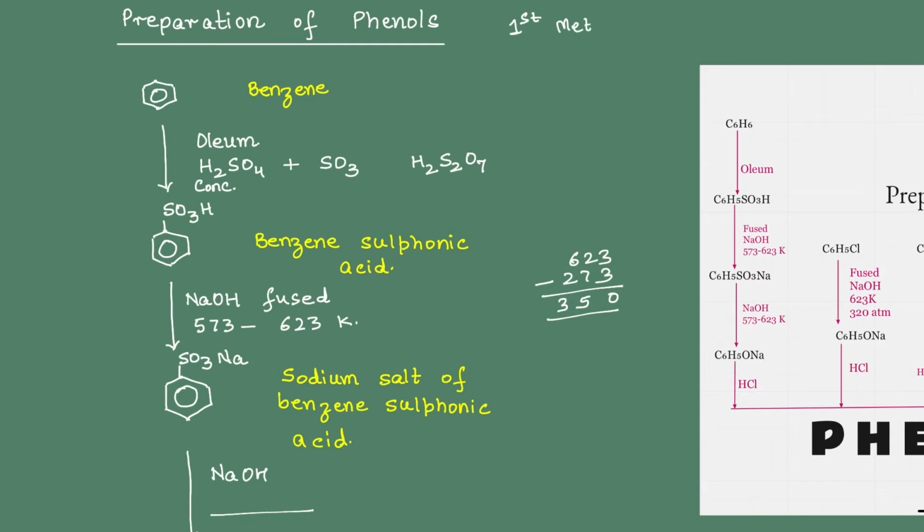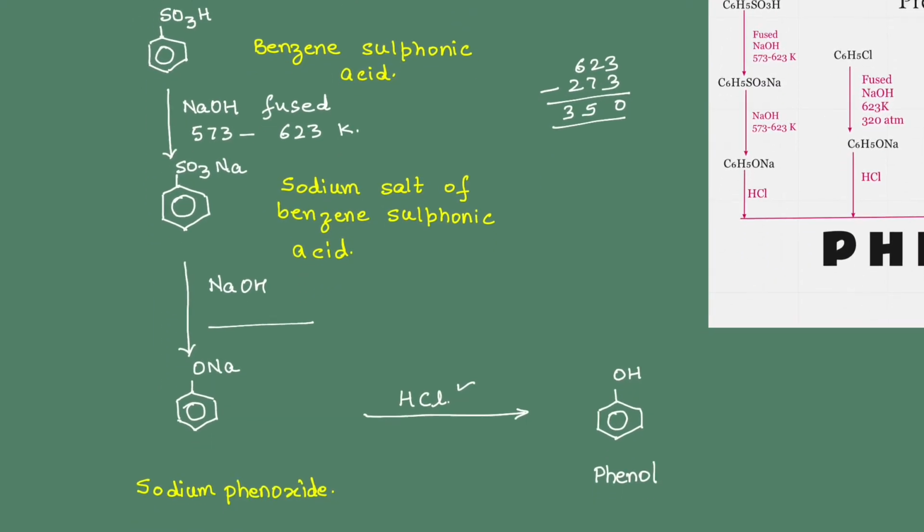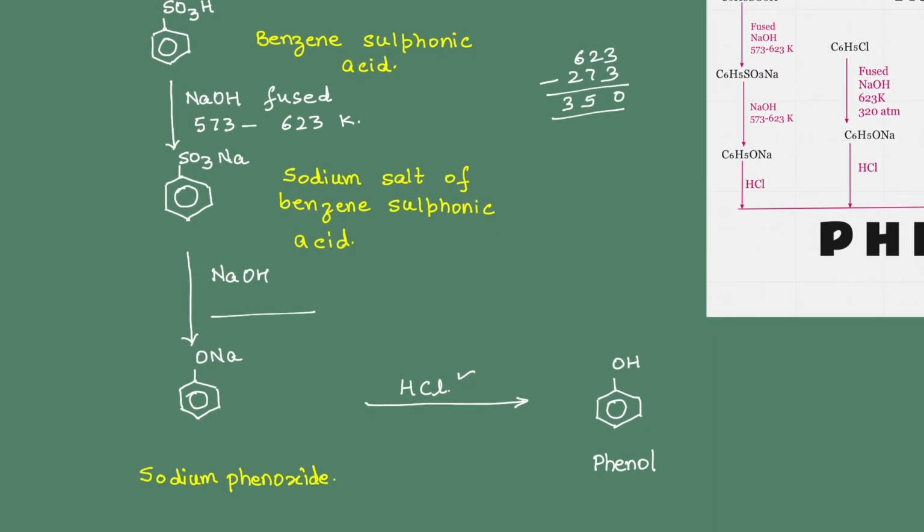You can be asked this preparation from benzene sulfonic acid, or you can also use it to convert sodium phenoxide into phenol, any of it. Why have I put a line over here? Yes, please go ahead. The same conditions will apply, 573 to 623 Kelvin, and we get the sodium phenoxide.